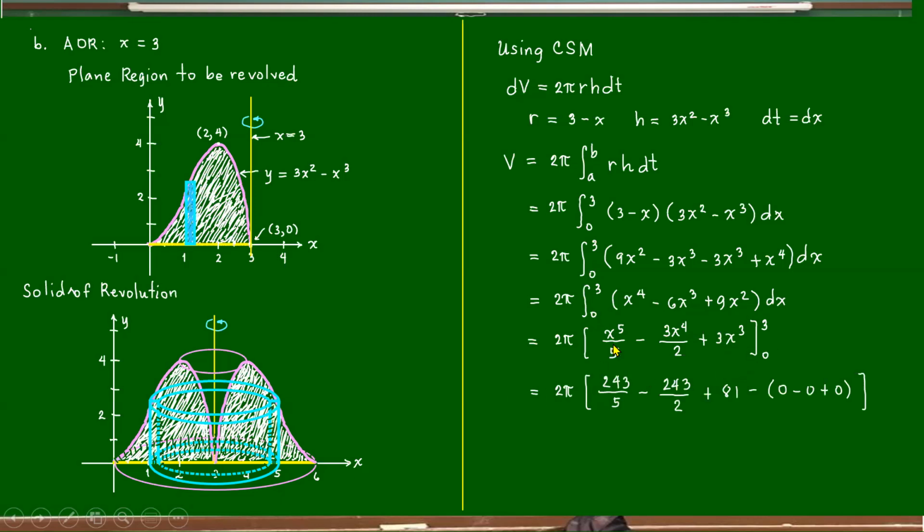At the upper limit, we get 243 over 5 minus 243 over 2 plus 81, since 3 times 27 is 81. At the lower limit, everything is 0. Simplifying, we get 81 pi over 5 cubic units. So this is the volume of this solid.